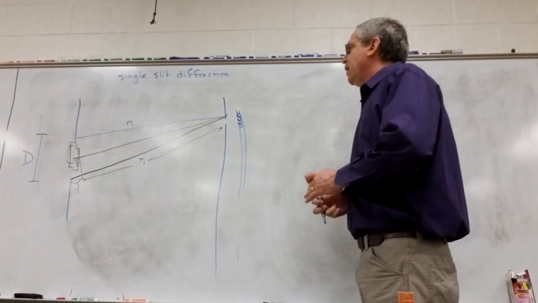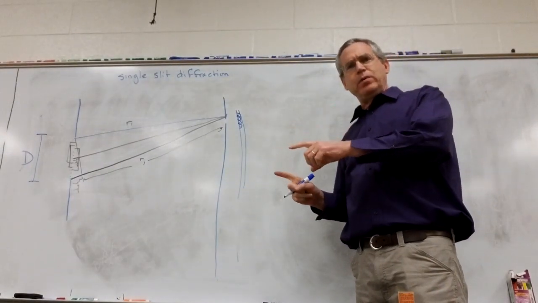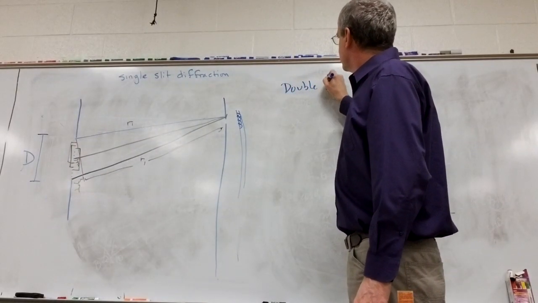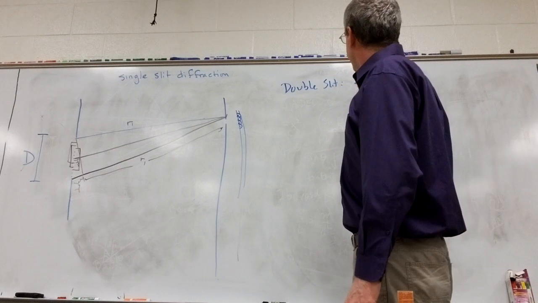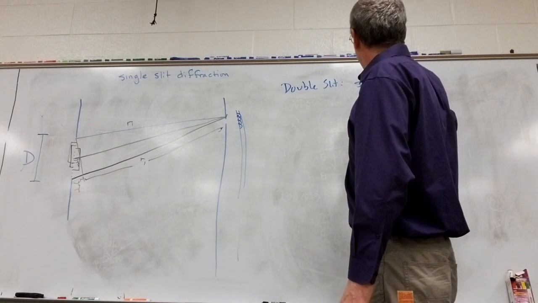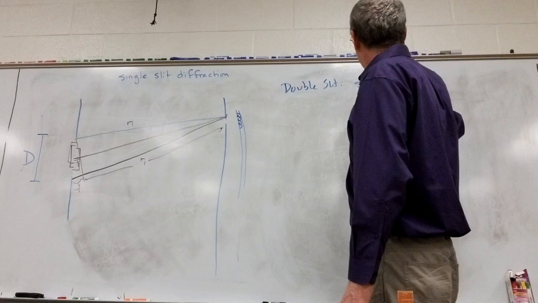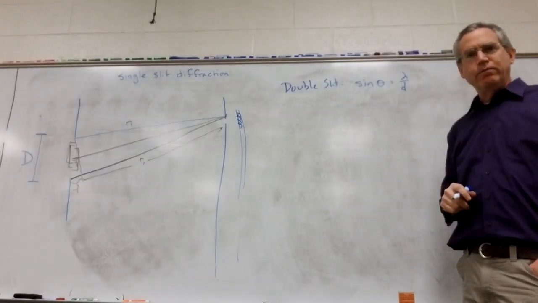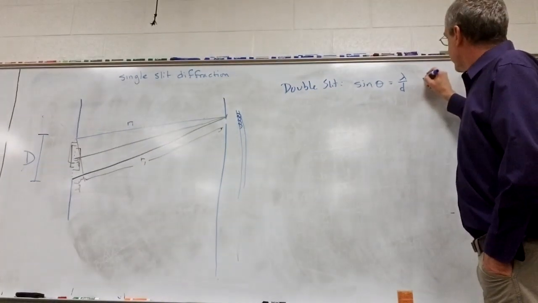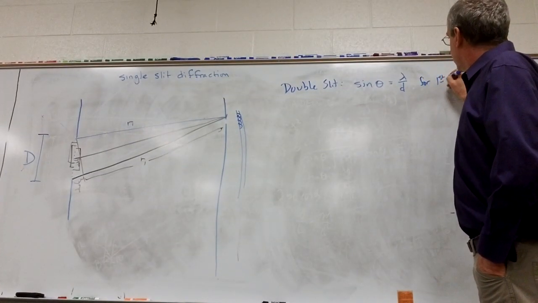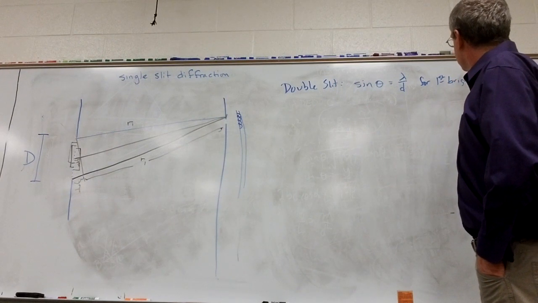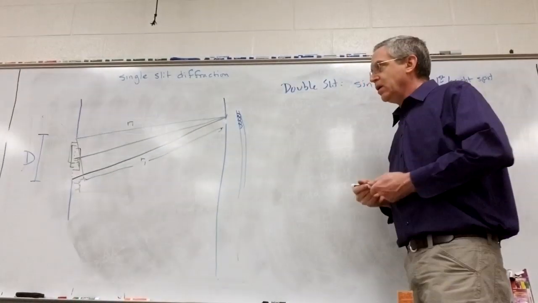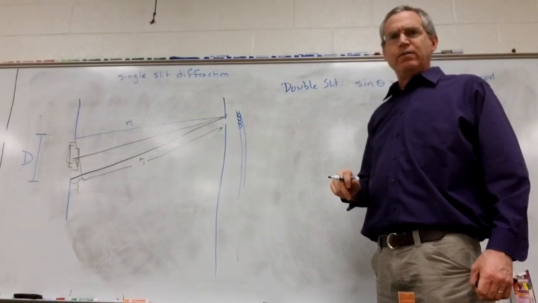So, if we just adapt the formula that we had for the double slit, for double slit we had that the sine of theta was equal to lambda over d, for the first bright spot. We are now looking at that for the first dark spot.